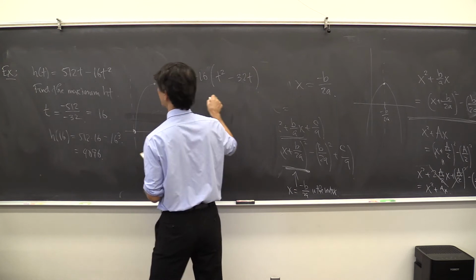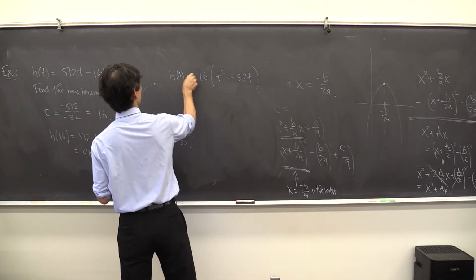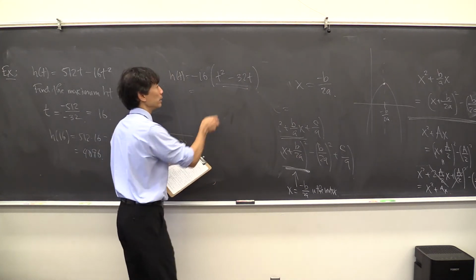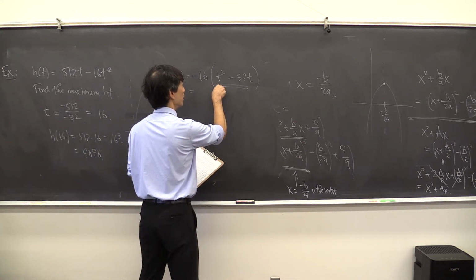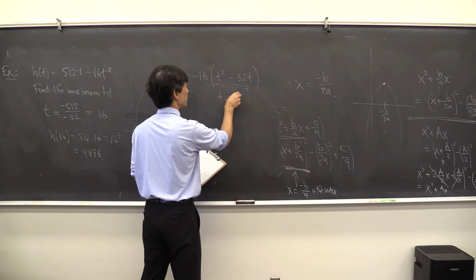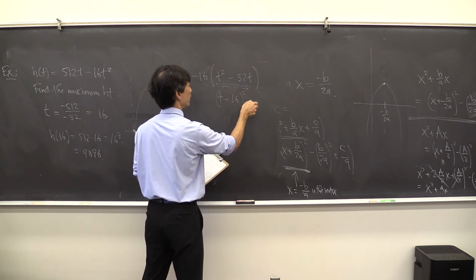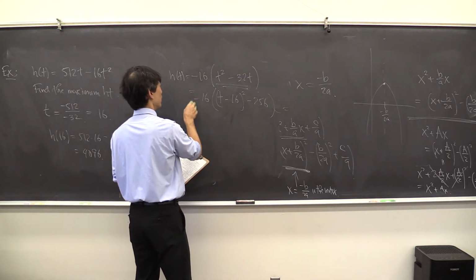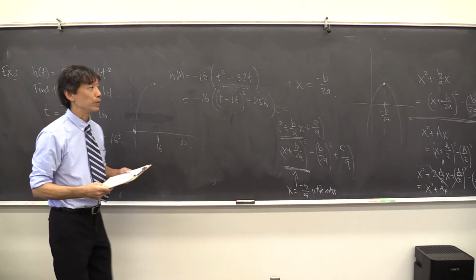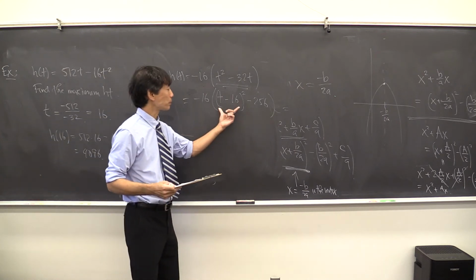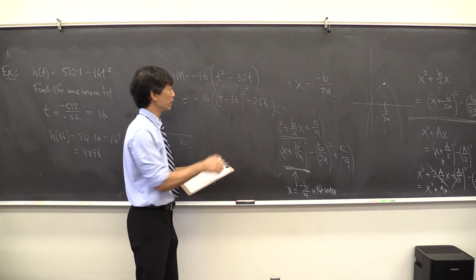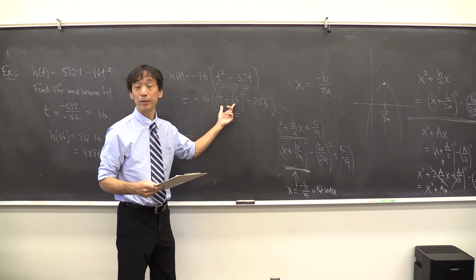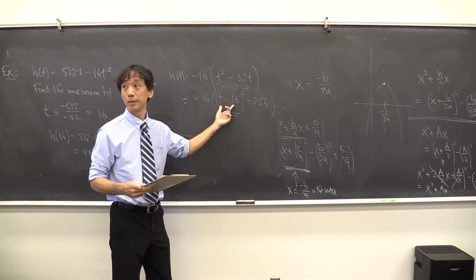Right, so then you did this thing, and this is going to be t minus 16 quantity squared minus 256. So you see that the vertex is going to occur when t equals 16. I think I just didn't know how to interpret that.